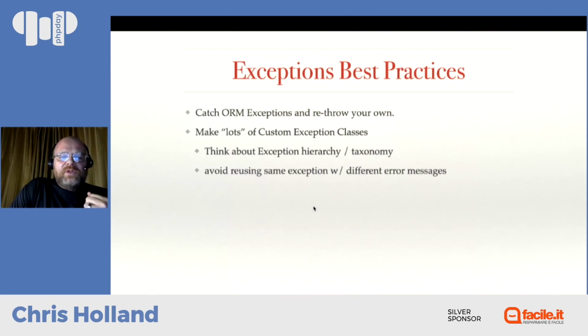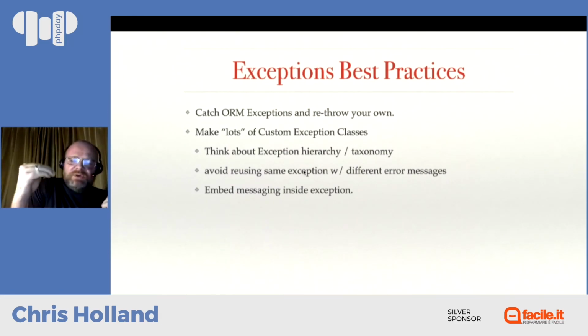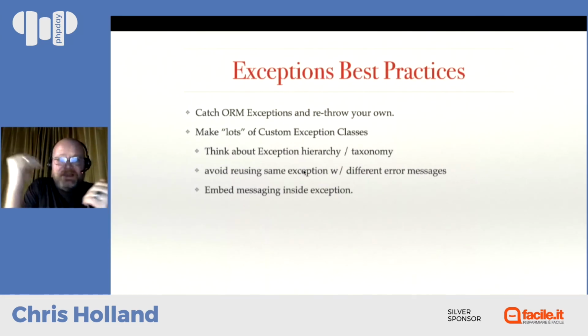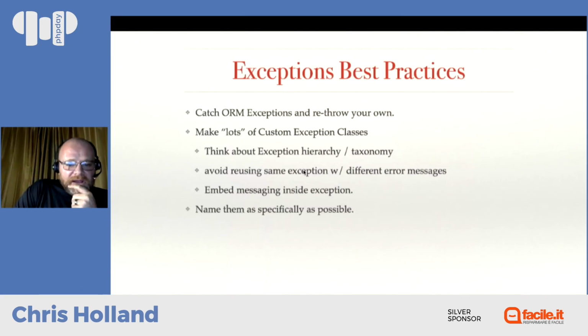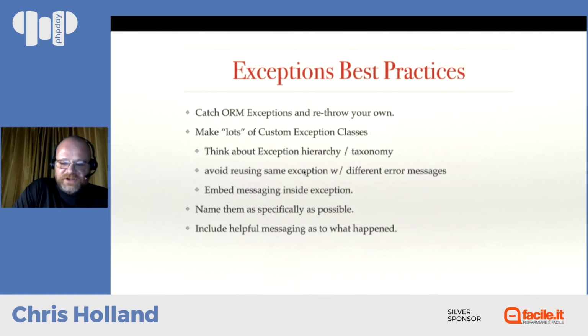The name of your exception class is actually useful to you, and so you should try to leverage that. Instead of using the same exception class and passing to it a different error message, you can just make multiple exception classes, and each exception class has its own message embedded in it. So I like to give them very specific names and include helpful messaging as to what happened.